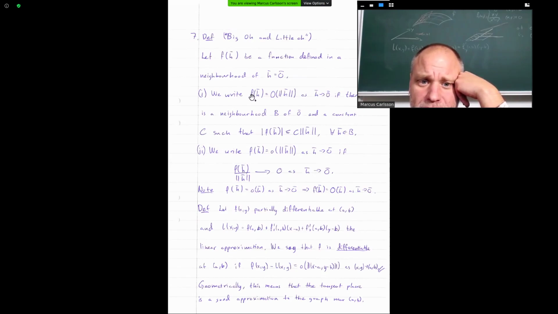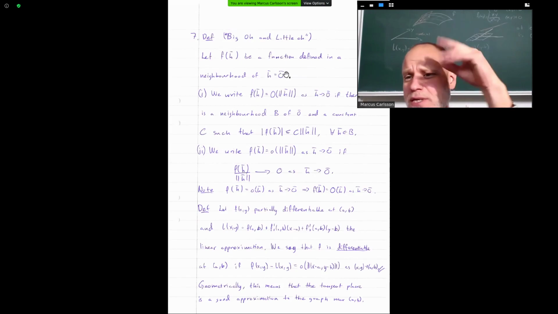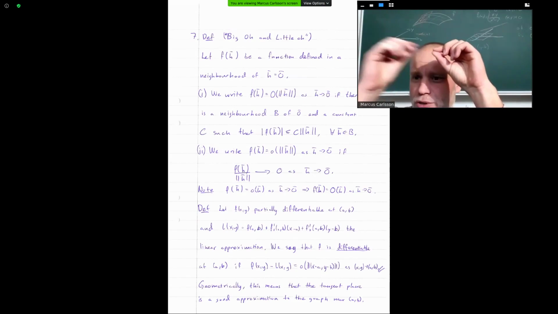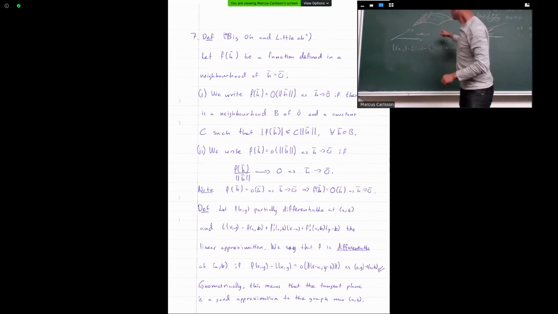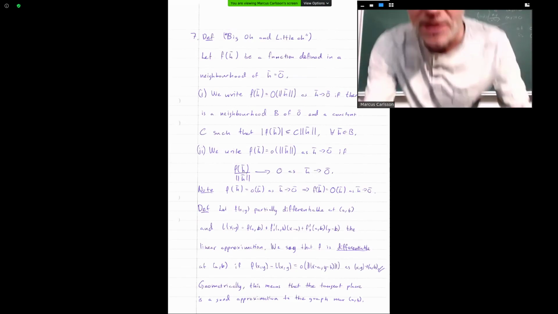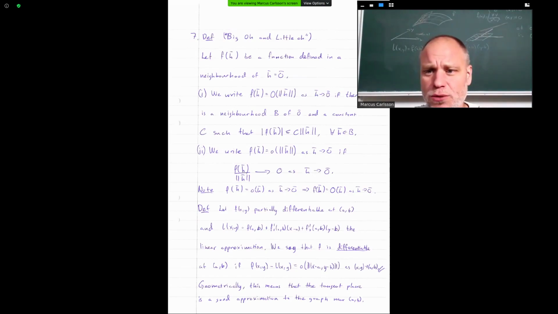So we're going to write f, which is a function of h. Now we're just interested in a neighborhood of 0. Let's say that h is the perturbation. In the previous proof we were interested at the point a, b, so your vector h could be h comma k. We will make a local investigation around this point, and let's say this point is 0 for simplicity.